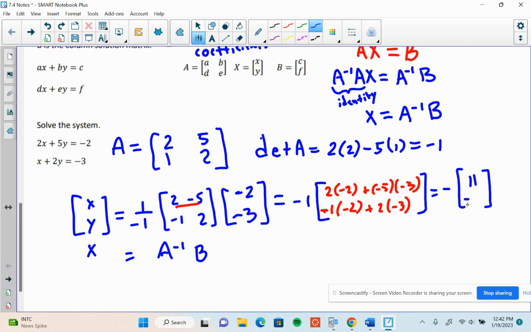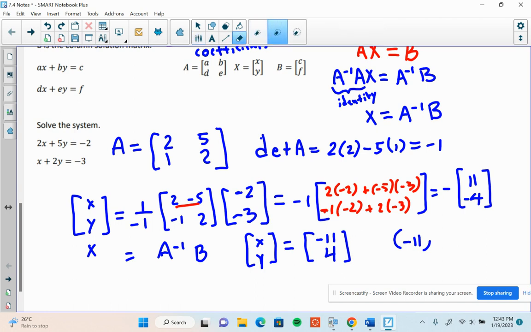And then 2 plus negative 6 is negative 4. Okay, we're going to distribute the negative, and what we have is negative 11, positive 4. So this is our x, and this is our y, right? So I really don't need to write those. So negative 11, positive 4.